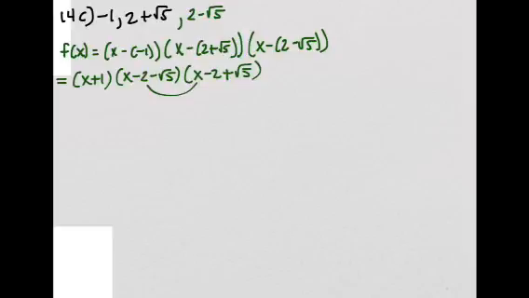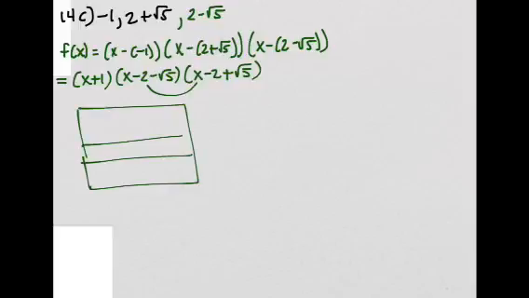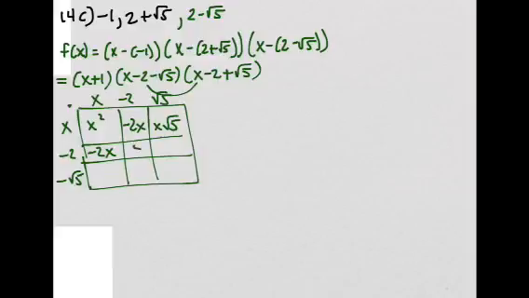Again, it's a 3 by 3, so I'll just put it right here. Give myself enough room. Oops, maybe not. We'll see. x minus 2 minus radical 5, x minus 2 and positive radical 5. We're multiplying. So this is x squared, negative 2x, x radical 5, negative 2x, 4, negative 2 radical 5, and then negative x radical 5, 2 radical 5, and negative radical 25.